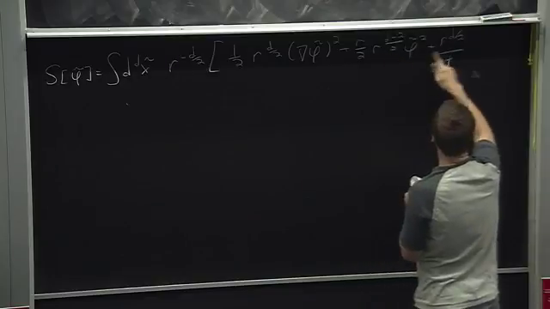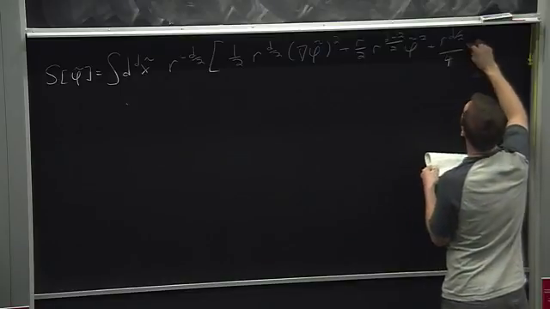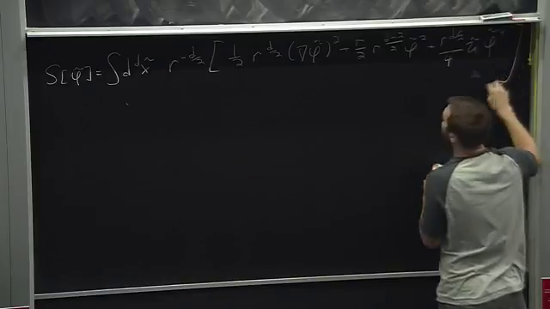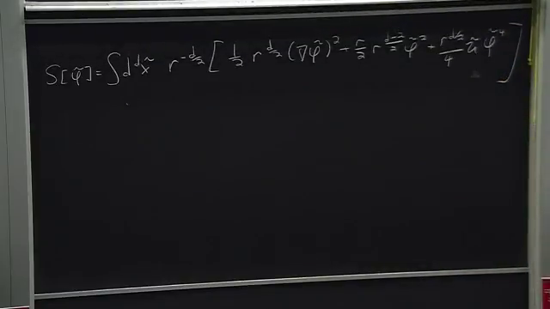D minus 2 over 2, right? R4, U tilde. Yep, U tilde. Phi tilde to the 4. Okay. You can do this. So the last one that matters are d over 2 over 4 U tilde, right?